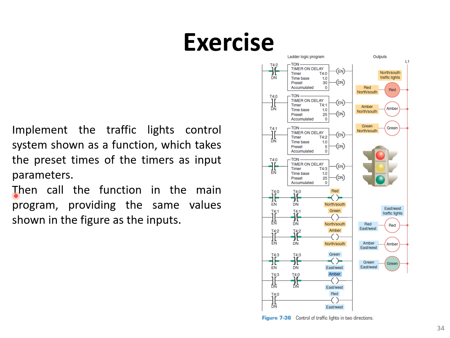Then call the function in the main program providing the same values shown in the figure as the inputs. We want to be able to change the preset time value of these timers by the function, so the function should accept these values as input. Please do these exercises and submit them to Moodle.